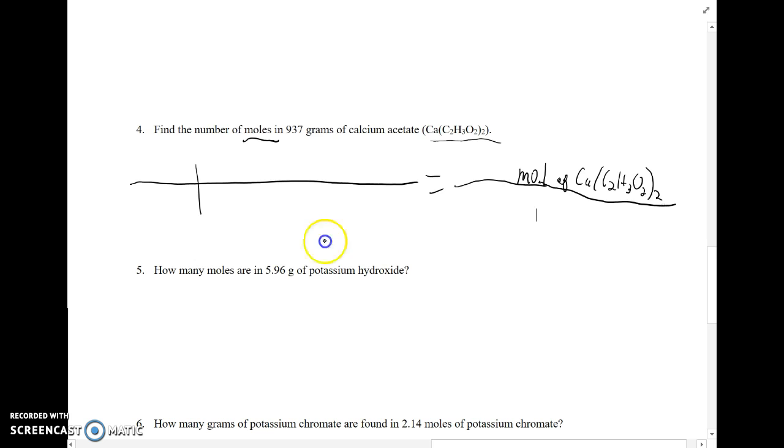And my starting point is 937 grams of calcium acetate. Should have left myself a little bit more room here. All right, so at this point I want to ask myself, what conversion factors do I need? And you should have your reference. We have our 3 conversion factors, number 1, number 2, number 3.